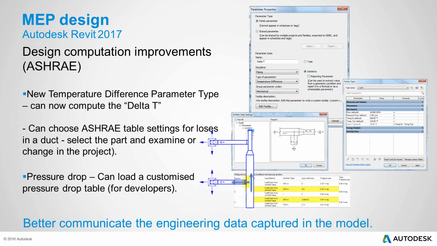You can also now in ducting have a new parameter called delta T, temperature difference parameter. And when you examine any part of the ducting or pipe or whatever in Revit, you can also have a look at the ASHRAE table settings and adjust those and report those in your schedules.